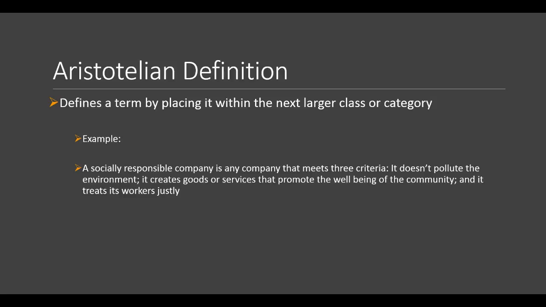Now the specific attributes that distinguish the term from other terms within the same category are listed. It doesn't pollute the environment. It creates goods or services that promote the well-being of the community, and it treats its workers justly.